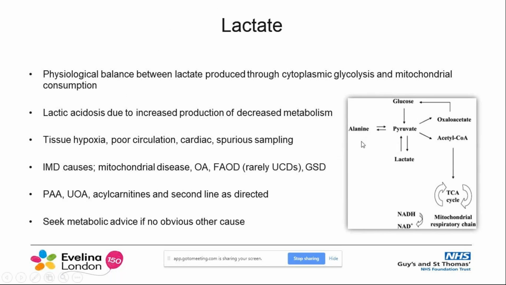It's within the pathway. An elevated alanine may also indicate an elevated lactate. We may see lactate spill out into the urine, and acylcarnitines obviously looking for those fat oxidation or metabolic causes, and then other tests as directed. But I would seek advice from a metabolic team if you're worried about a lactic acidosis in a child.